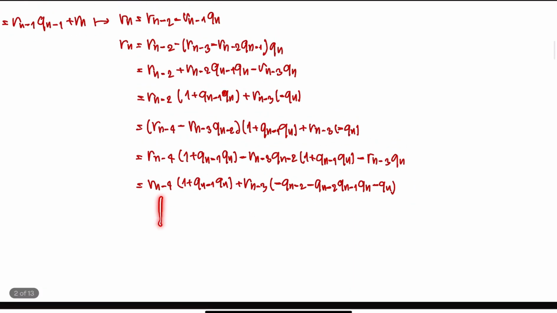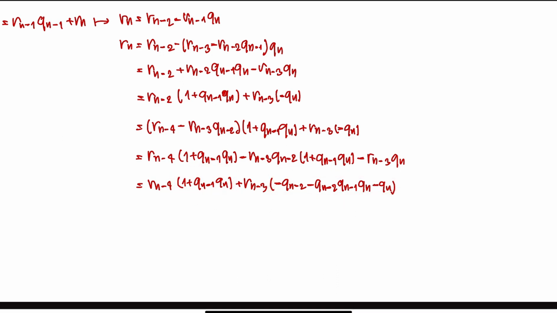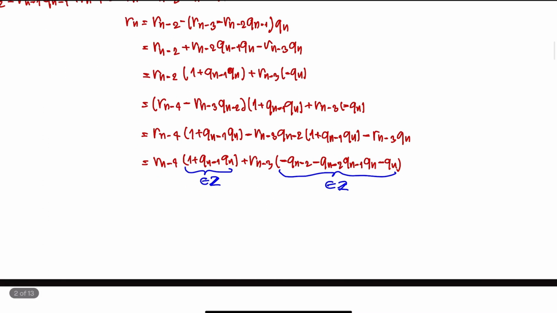And continue to do it so that you're going to have R(n-5), R(n-4), right? And you're going to have this remainder, and this remainder is multiplied by these two integers. With this pattern, this is an integer and this is also an integer.